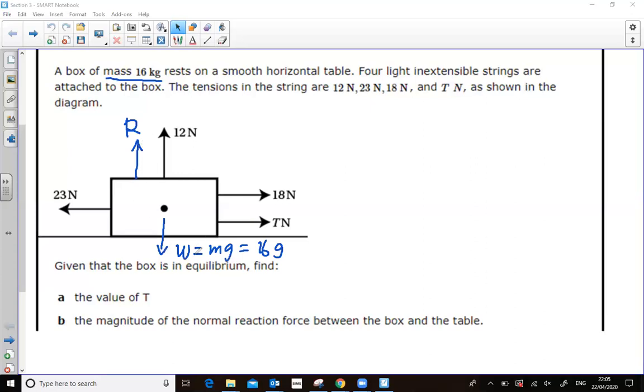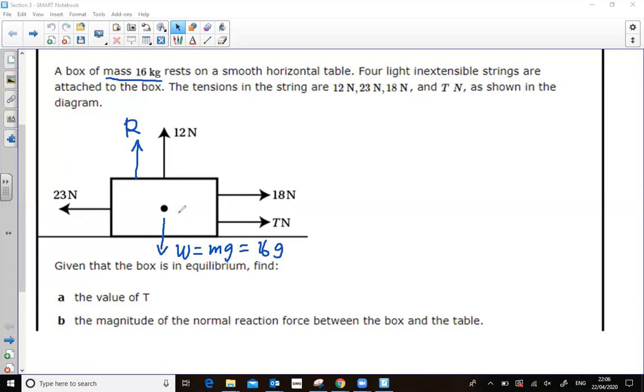So far we have now added in all the forces acting on the box. Let's start to think about the question. Now, the box is in equilibrium, which means the forces should balance in each direction. If we're going to find out the value of T, T is a tension in the horizontal direction.